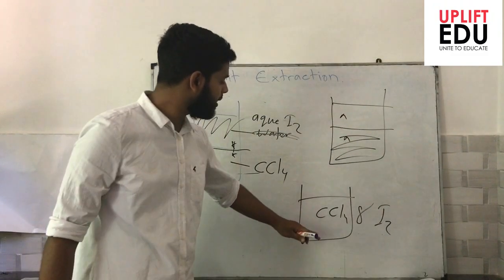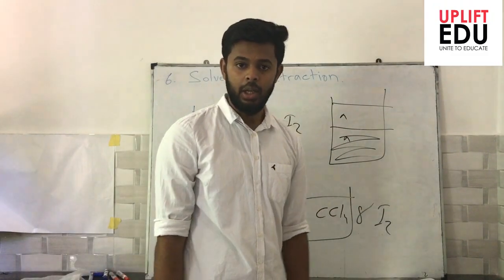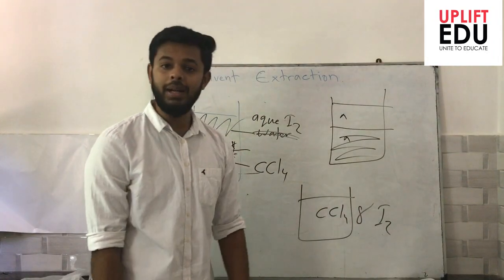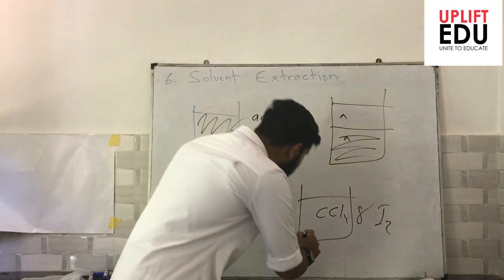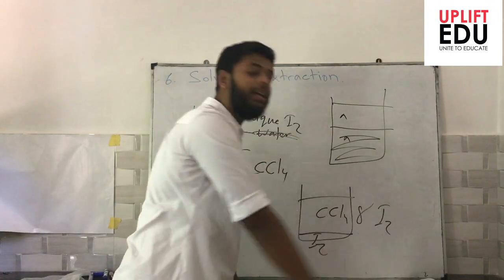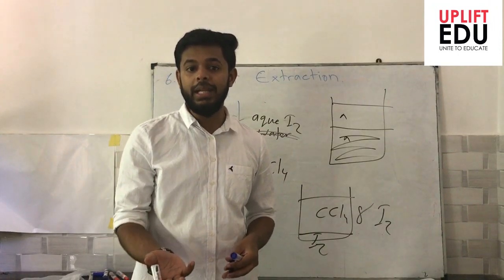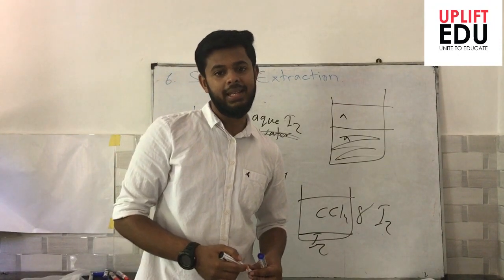Now this is a mixture of carbon tetrachloride and iodine. Using a very small amount of heat, we can quickly evaporate the carbon tetrachloride, so we will get pure iodine remaining. The same technique can be used in the perfume industry or in the medicine industry.